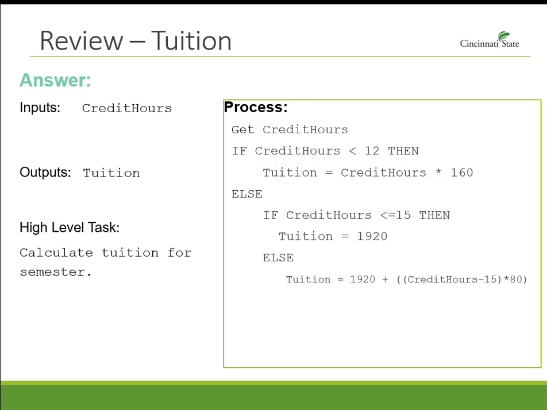Else, tuition equals 1,920 plus credit hours minus 15 times 80. End if, and display tuition.